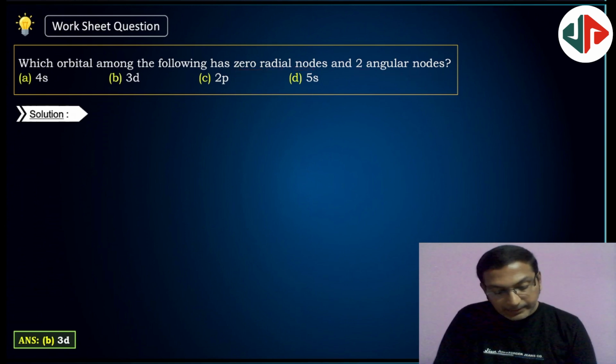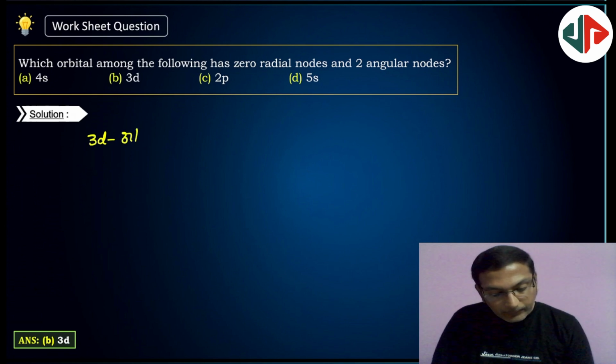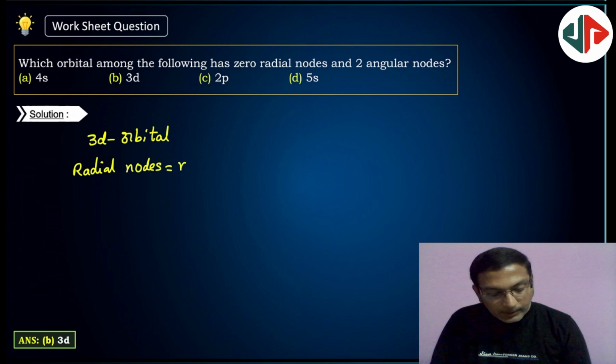If we take 3D subshell or 3D orbital, radial nodes equal to n minus L minus 1.